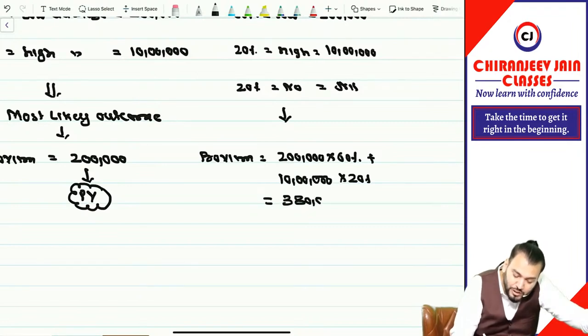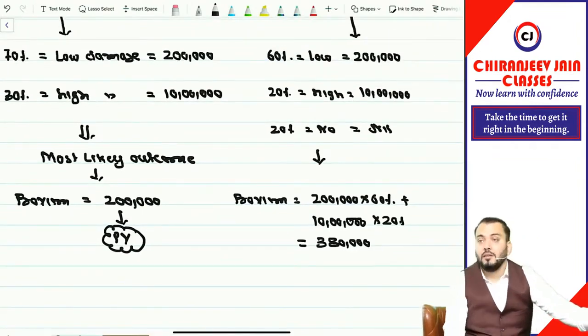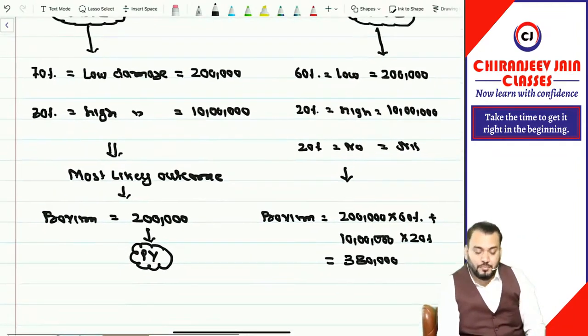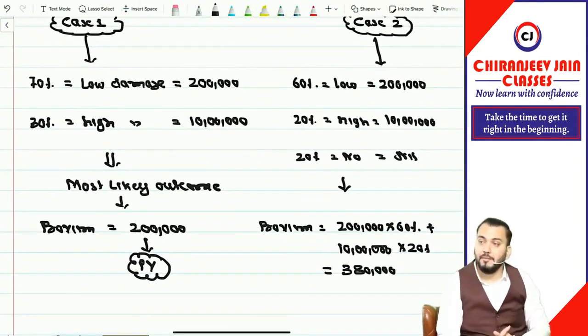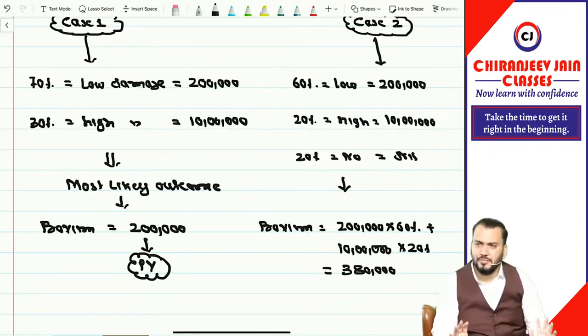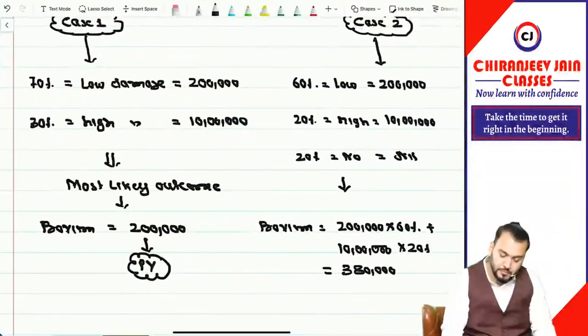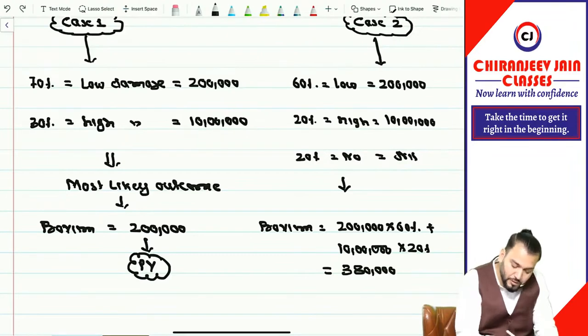So this will be the amount of provision. Simple. Easy. Understood. Let us come to the next point. Sorry, it is 3 lakh 20,000, my mistake. Now correct?